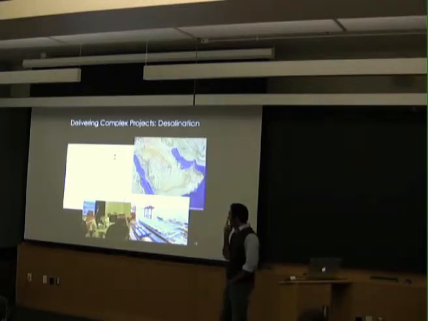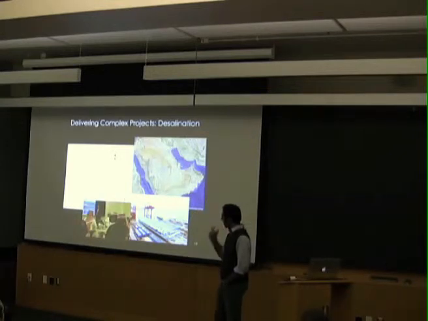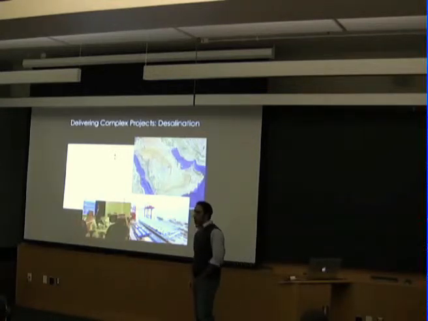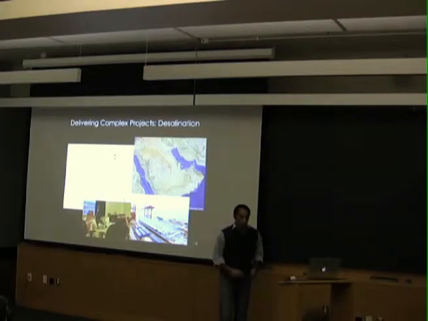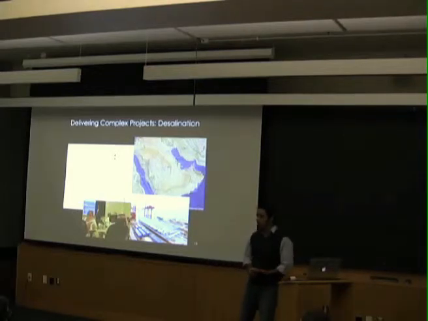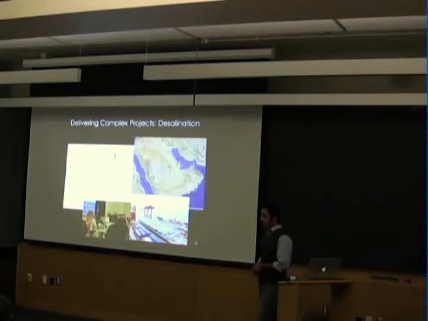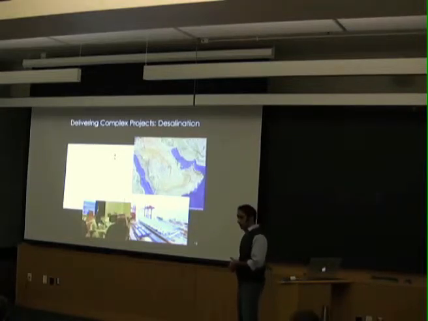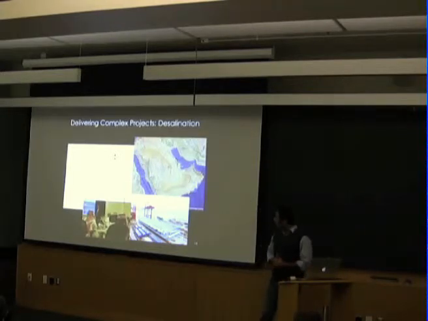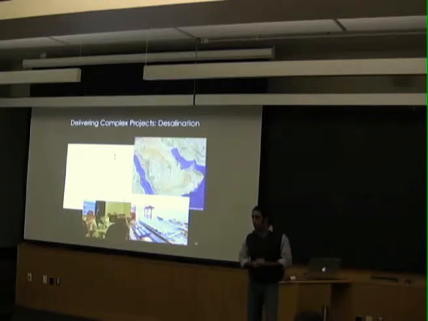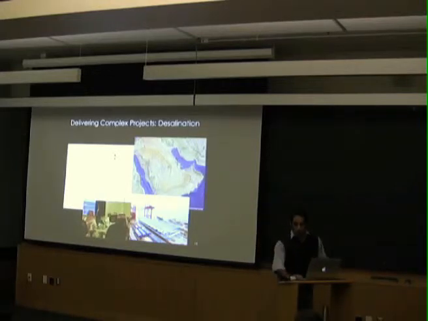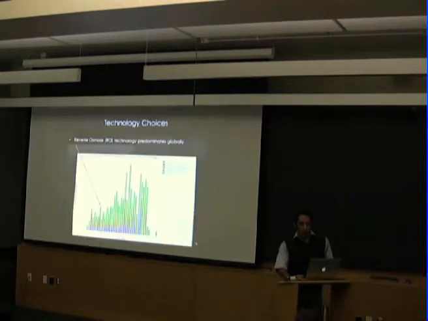And the chart on the left shows that in many parts of the country, especially in Mecca and Medina, which are the places of pilgrimage, almost all of the water, 100% of it, might come from desalination. So this is a very large economic activity in Saudi Arabia and of great concern to policymakers there. One of the projects that we have with them is to understand better how they approach the design of their desalination facilities.